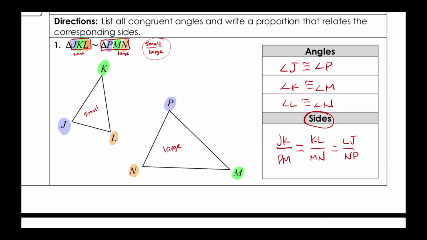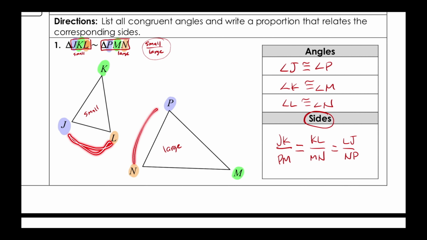How do we do proportions? Just compare the sides. And we're doing small to large. So we just say purple, green, purple, green. That's JK over PM. Then we did green, orange, KL over MN. Right? Small on the top, large on the bottom. Then we did the last one.